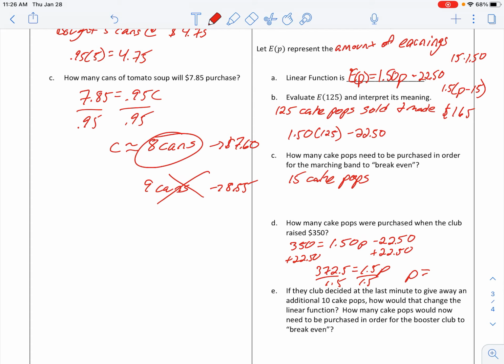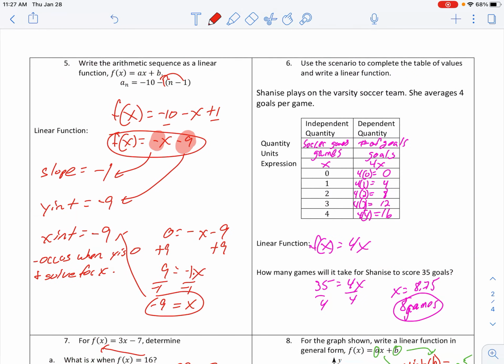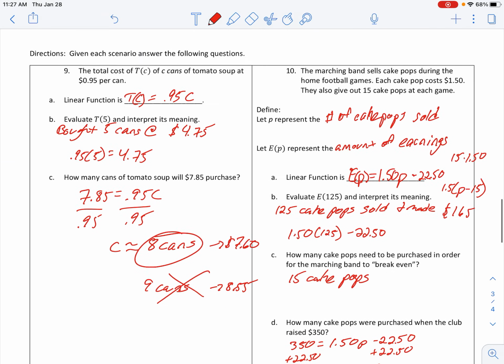To raise $350, we are going to have to sell 249 cake pops.